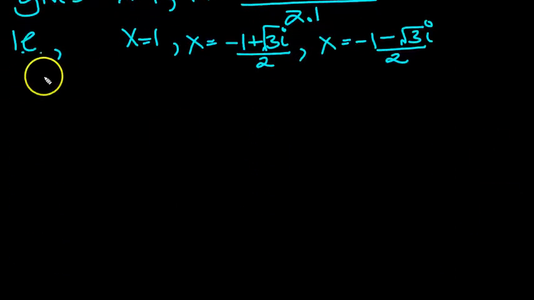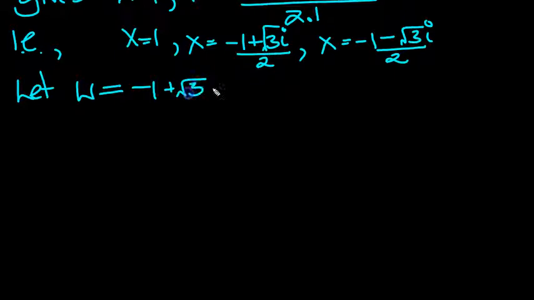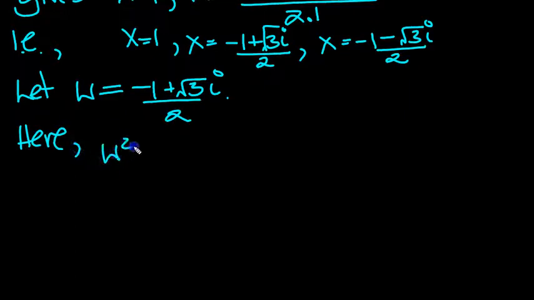So let's just say let w, one of them, equal just one of the roots. Let's just say it's that one, say for example minus 1 plus root 3i over 2 here, and let's work out w squared, see what we get. Let's square this then.